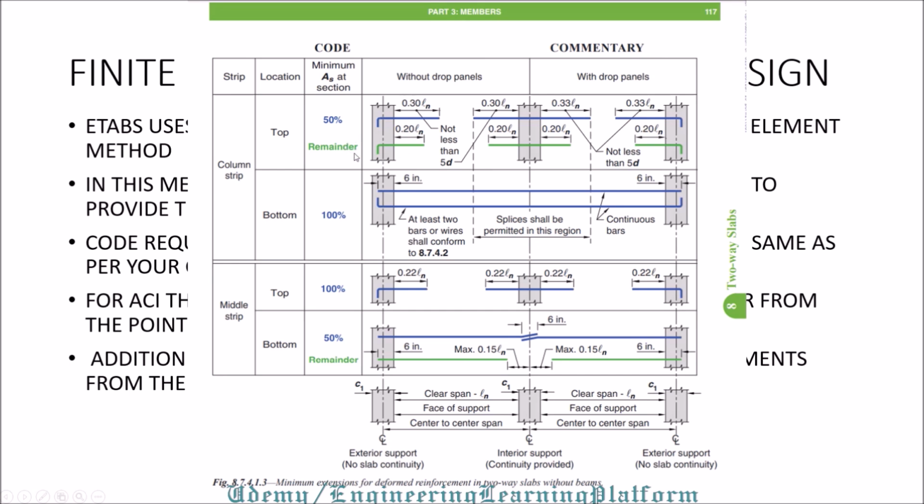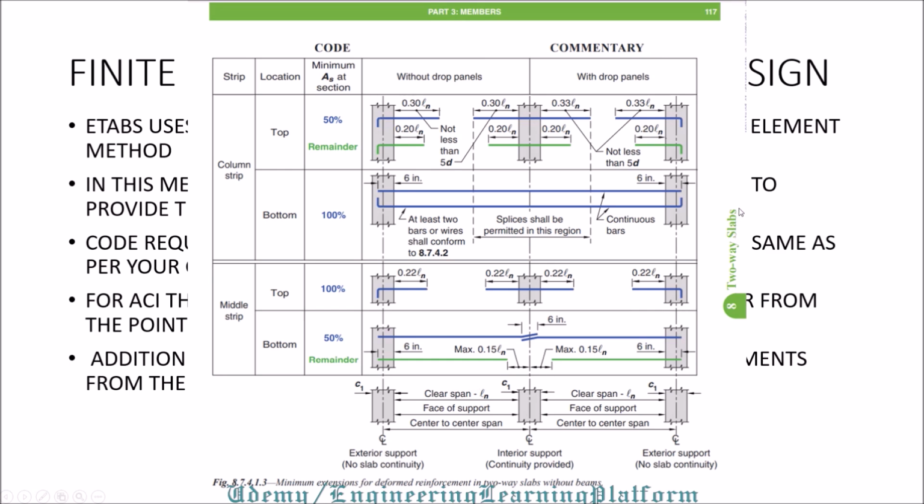Similarly, if extra reinforcement is required, it should not be less than 0.2 ln. The code recommends at least 50% of your bars should extend 0.3 ln and the remaining can be 0.2 ln, where the clear span is ln, which is also shown in the ACI code diagram.